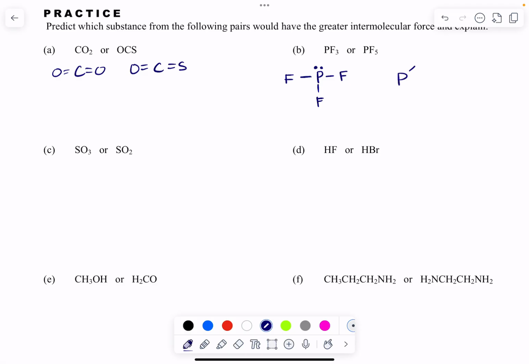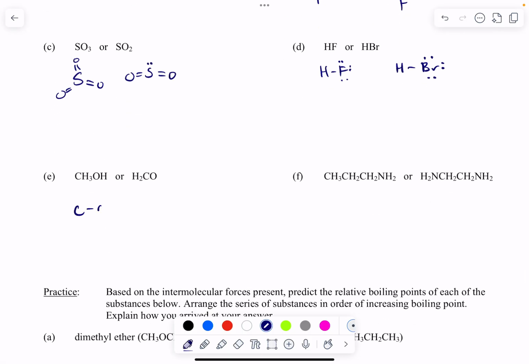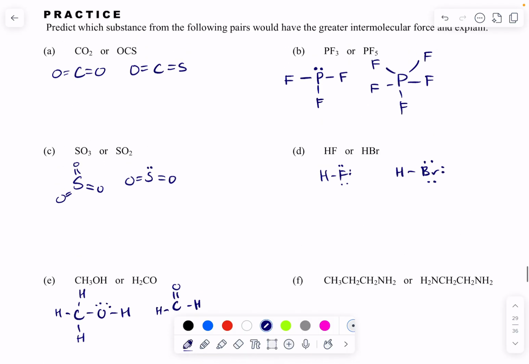So take a second and draw these. Okay. Once you've got those drawn, I'm going to go through some things here.